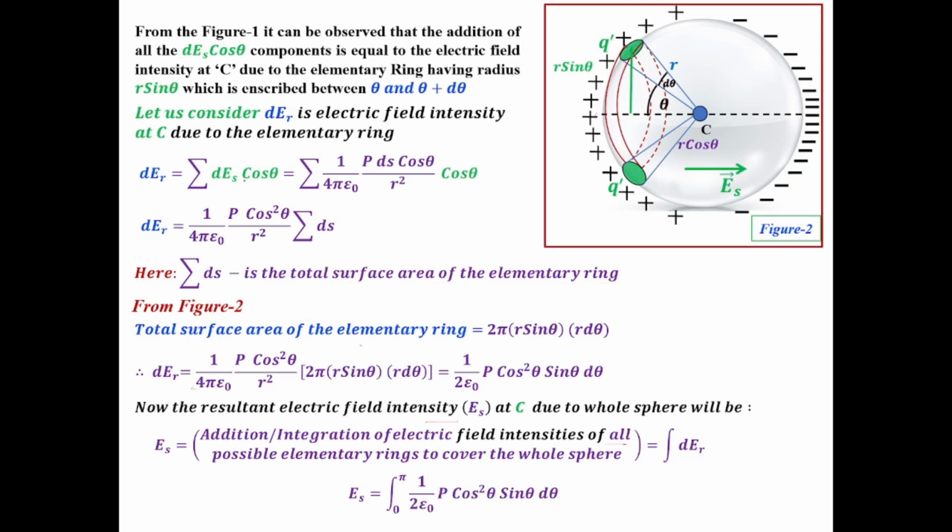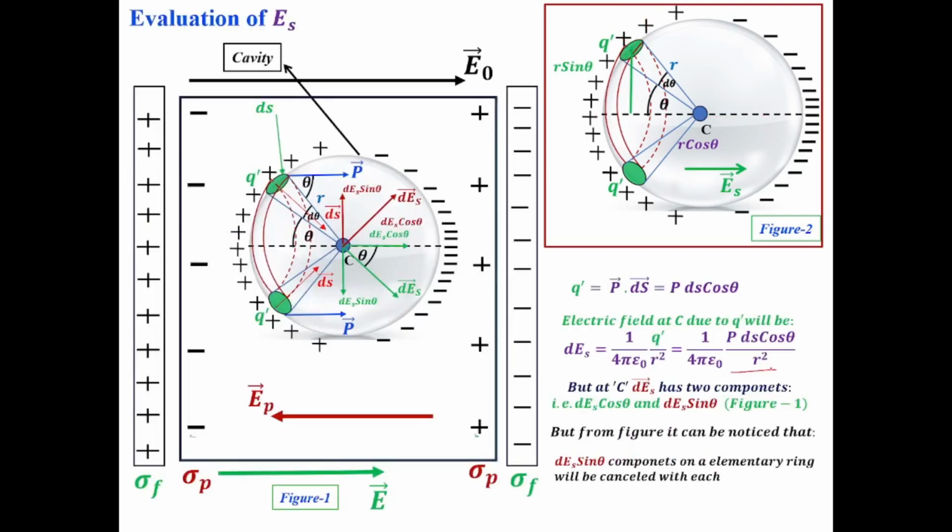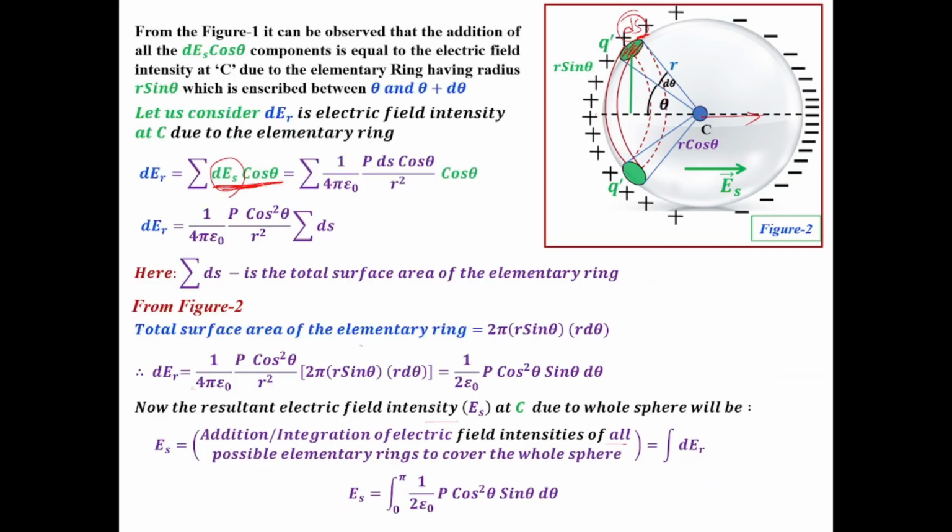So here you can see that dE cos theta is the value of electric field intensity of a particular elementary area. If this is your dS, then due to this dS, what is the electric field intensity here? dE cos theta, because the sin theta component is going to be cancelled out. The dE value we found, we just substituted, and cos theta is there, so cos square theta.